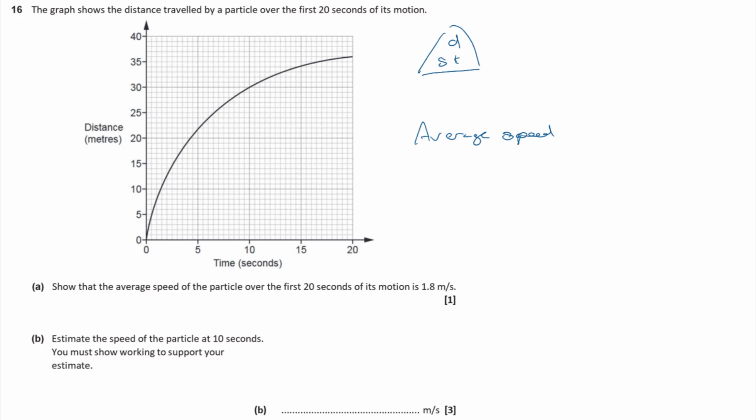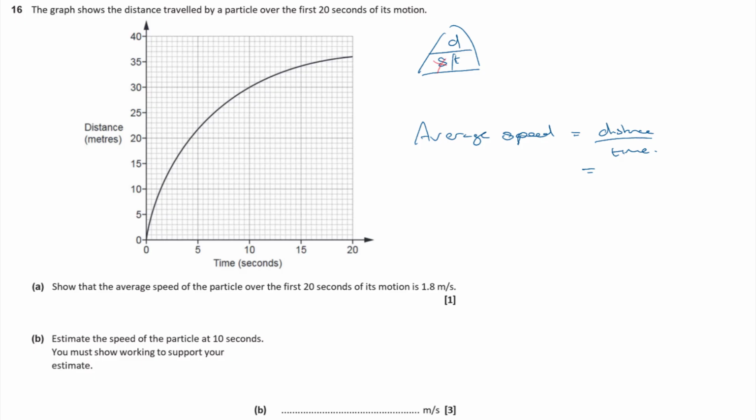DST. Okay, distance, speed, time. Average speed, the S part of it, is distance travelled over time taken. Okay, so average speed over the whole journey of this object is going to be the total distance travelled divided by the total time taken.